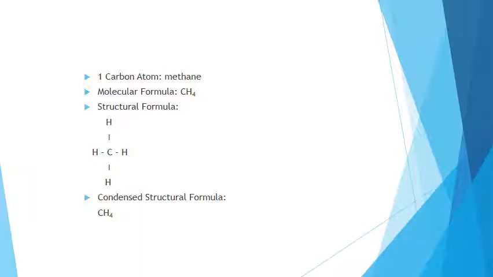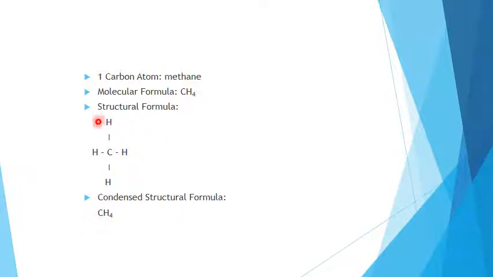Methane has a molecular formula of CH4, and its structural formula is simply this here: 1 carbon and 4 hydrogens. And we'll talk about condensed structural formula in a minute, which looks like the molecular formula but is slightly different.